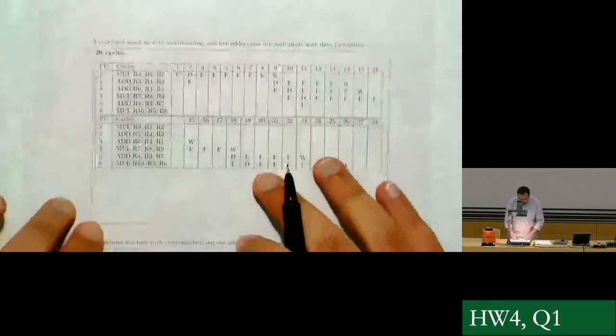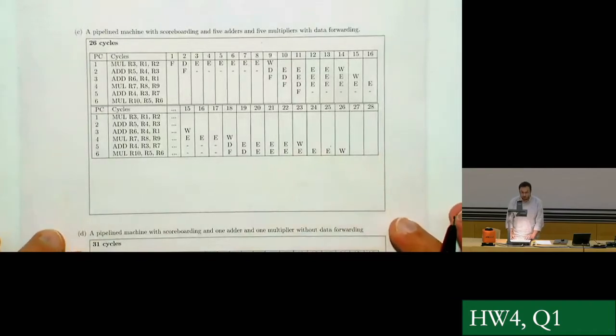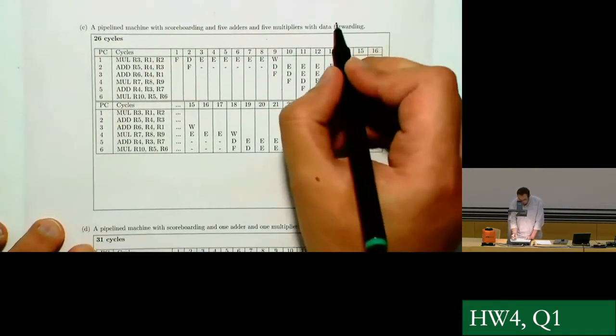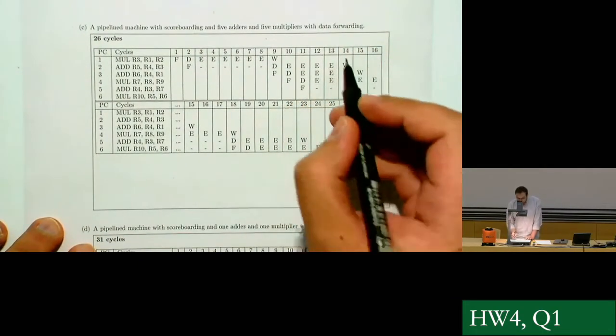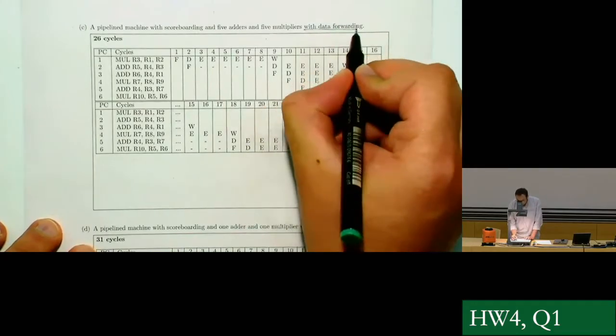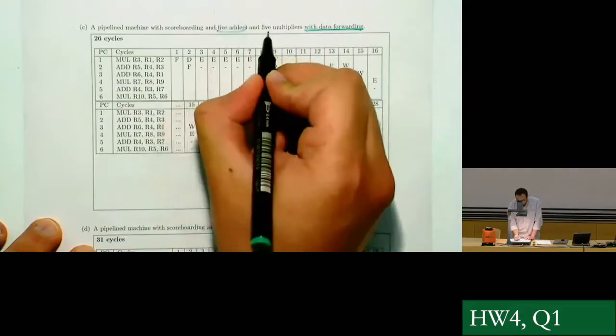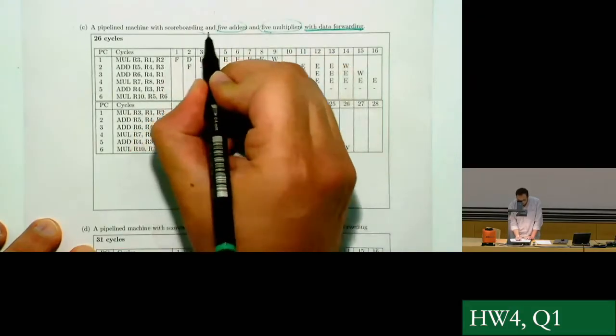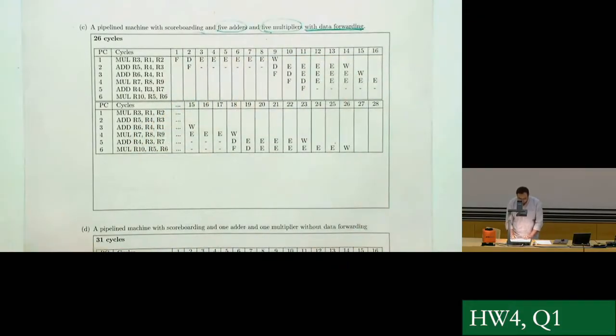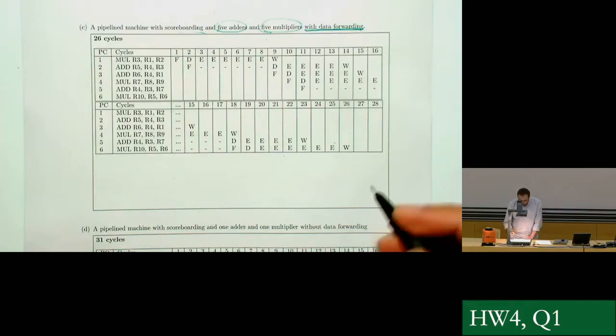Okay, so in the third part of the question, we have one simple difference here, which is that we have data forwarding now. We still have 5 adders and 5 multipliers here, and we are using the scoreboarding technique. What matters here is that now we can get the result earlier than we were doing in the previous part, right?